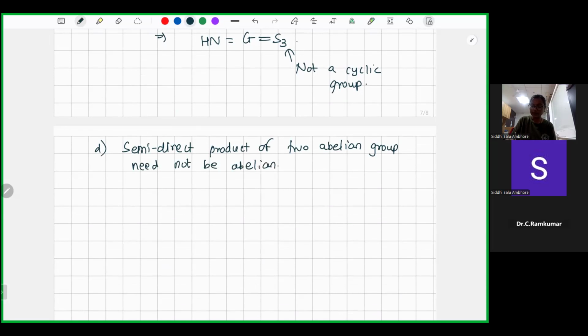This is the question. When they say need not be abelian, it is okay to show just one example where the semi-direct product of two abelian groups is not abelian.